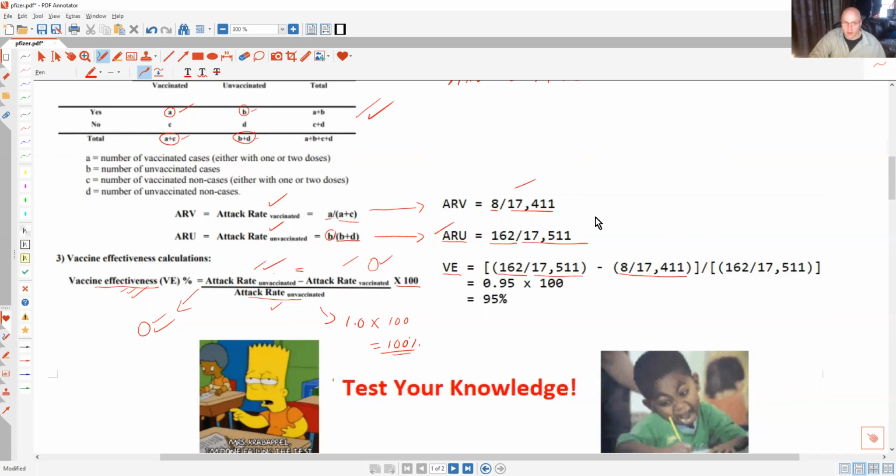So there's the attack rate for the vaccinated. That's the number we're putting in. And that divided by the attack rate for the unvaccinated. When we compute that, we get 0.95. Make sure to multiply it by 100 to get the percentage. And there is the 95% efficacy computed by Pfizer.